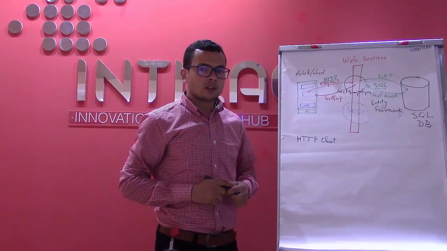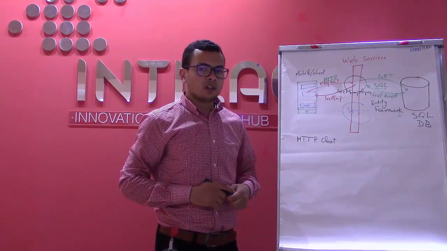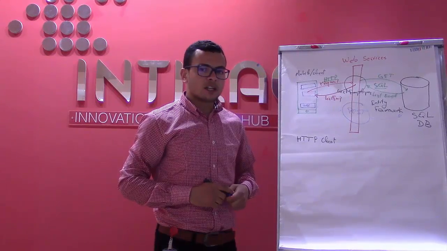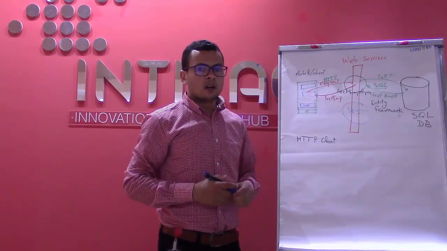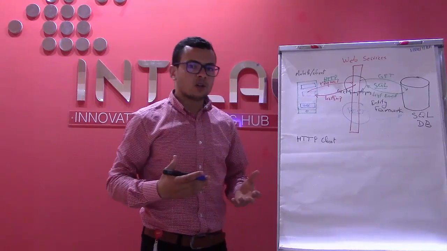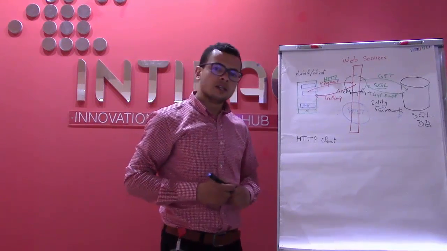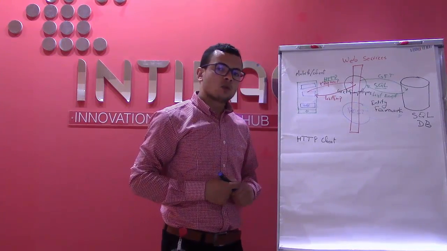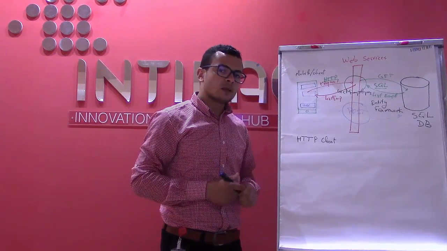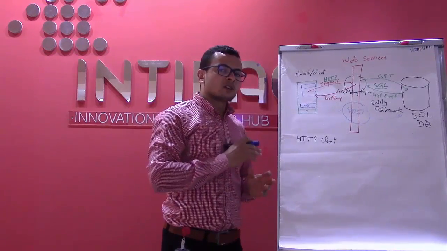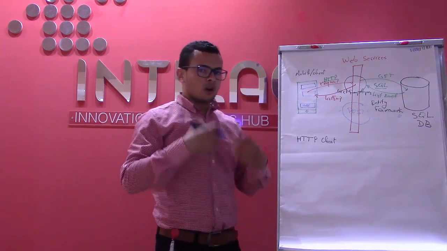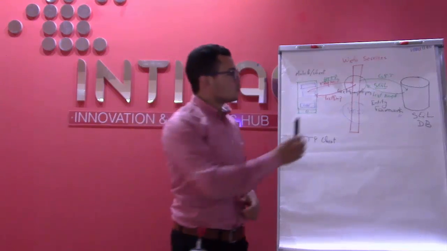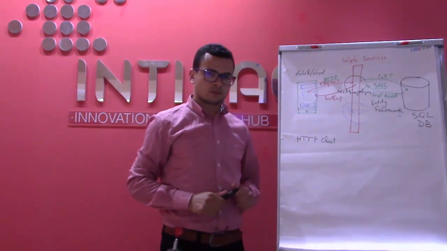Remember that the employee services were implemented during the last video and already had a function for getting the list of the employees. Today we'll add another function to that class. This function will be responsible for adding another employee to the web services. So let's start.